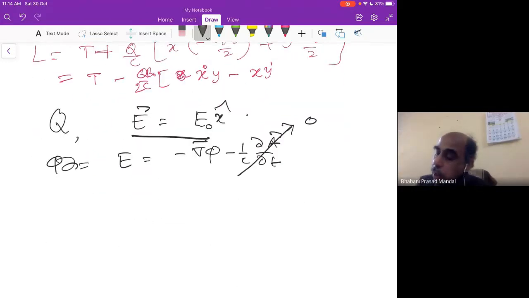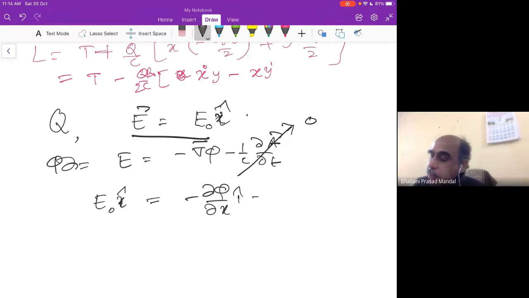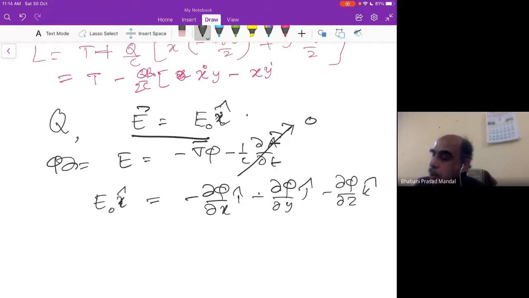Since the electric field is only in the x direction, the i direction, it will be minus del phi del x i minus del phi del y j minus del phi del z k. But the y and z terms are 0. So phi is independent of y and z, it depends only on x, and del phi del x is minus E0.